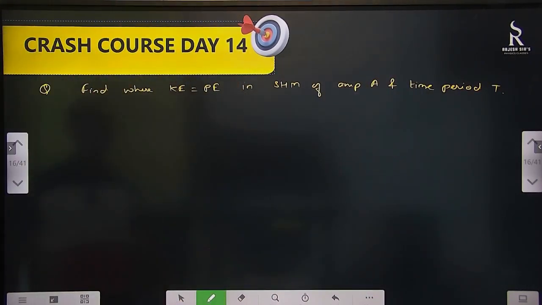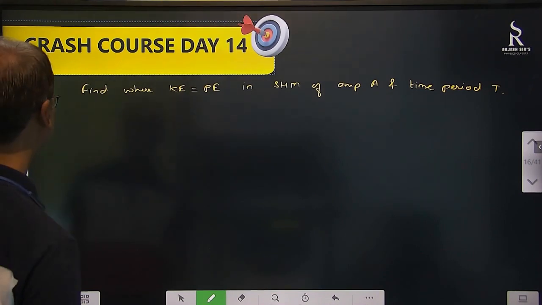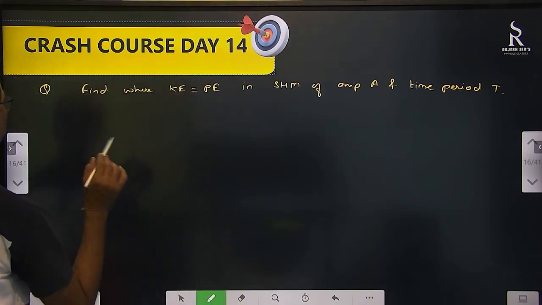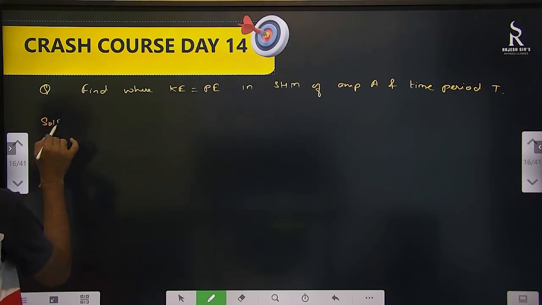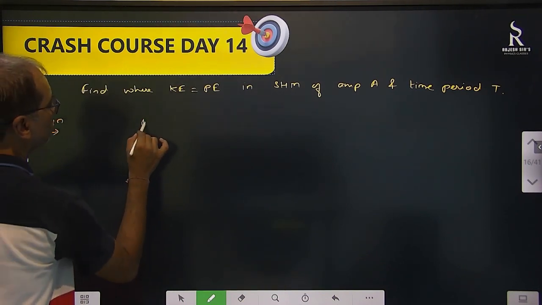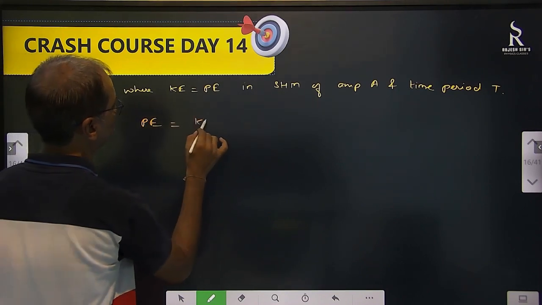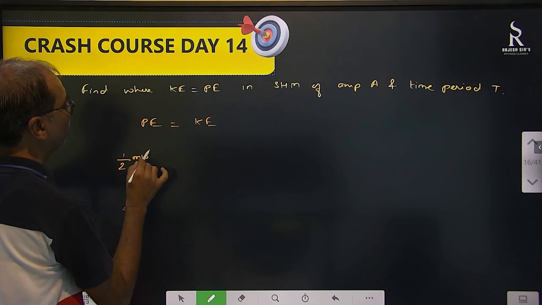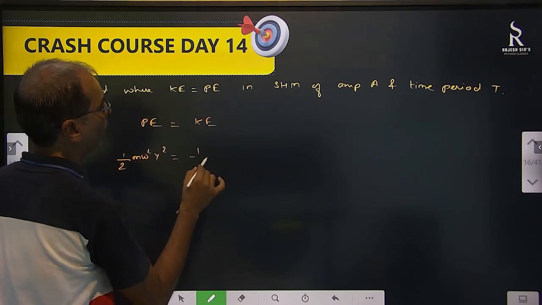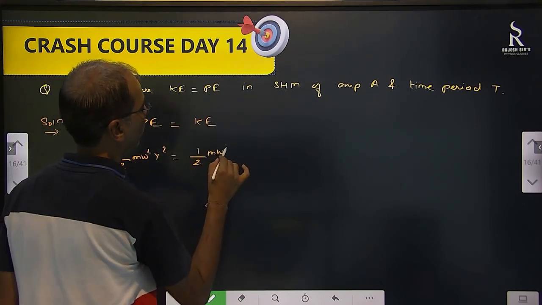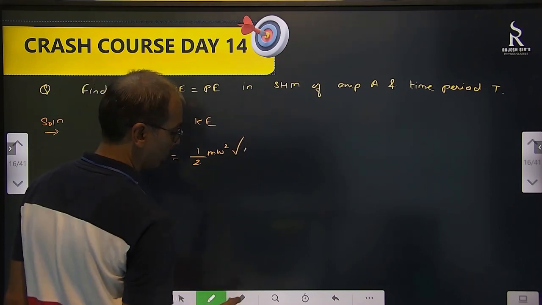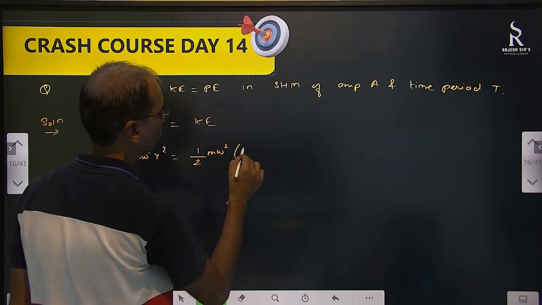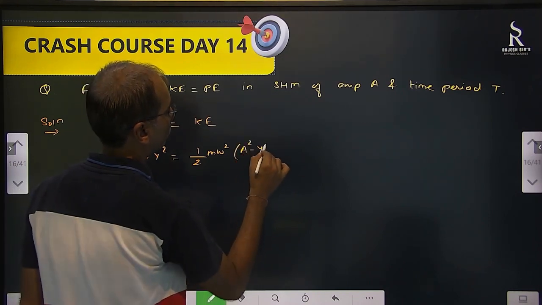Okay, so kinetic energy and potential energy are equal, we are saying. Whatever general form we know, that we have to equate, because we are not saying here that anything is maximum. Okay, so potential energy equal to kinetic energy. So general form is what? Half m omega square y square, and this is half m omega square, a square minus y square.